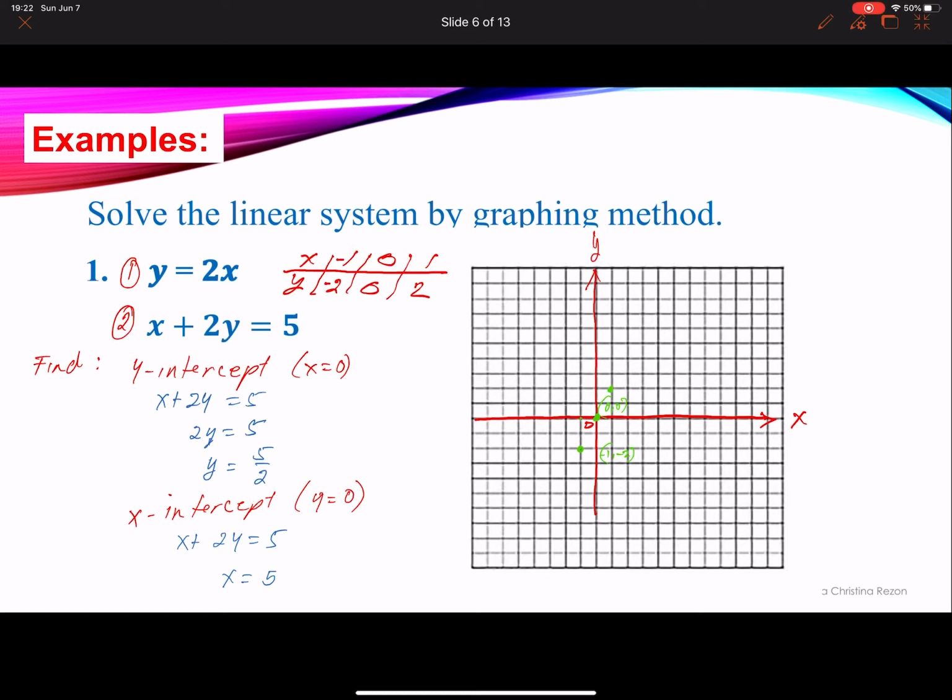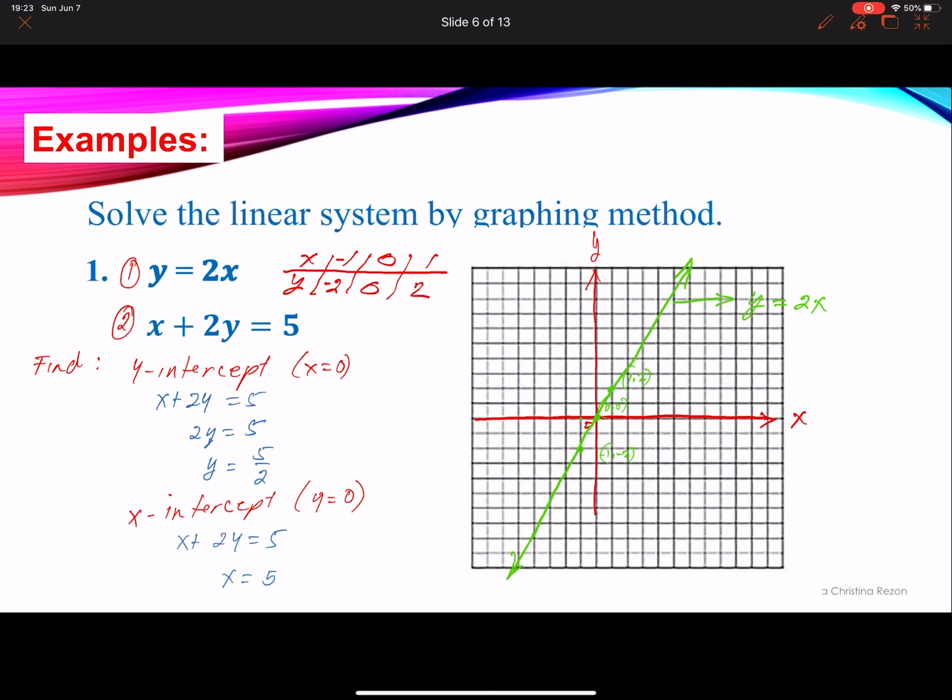And then let's connect the 3 points that we have. So this is the graph of y is equal to 2x.